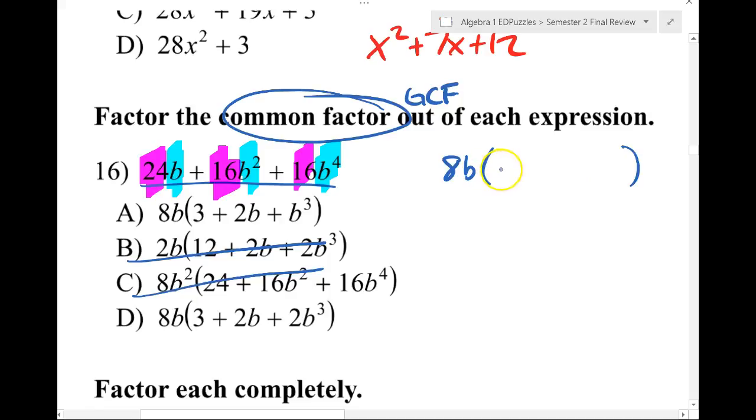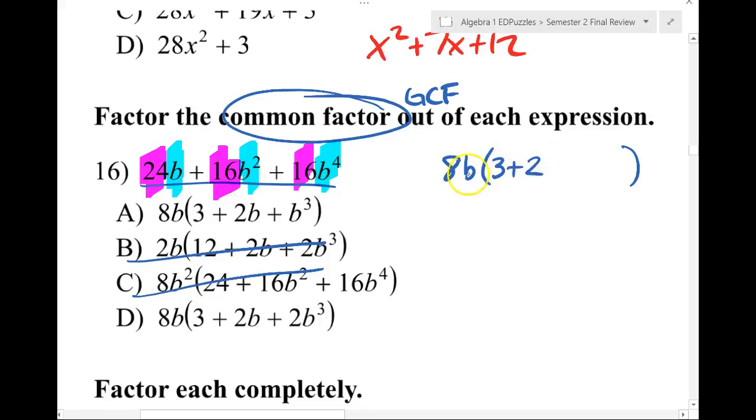Okay, so now, to figure out this first term inside the parentheses here, you're going to do what number times 8 would give us 24? Well, that would be 3. And then how many b's will we have to multiply? None, because we already have a b. 8b. Okay, then we bring down the sign, plus. 8 times what equals 16? Well, that would be 2.